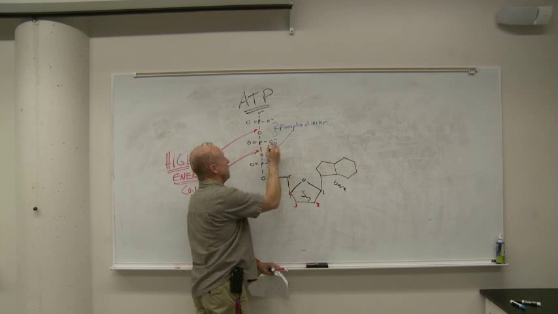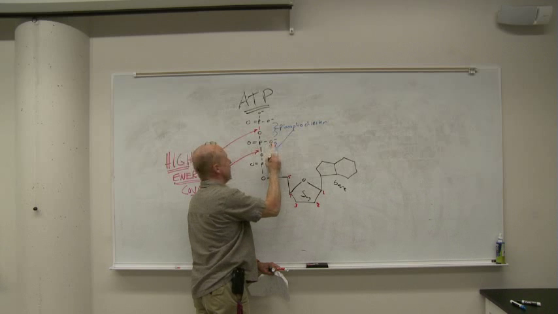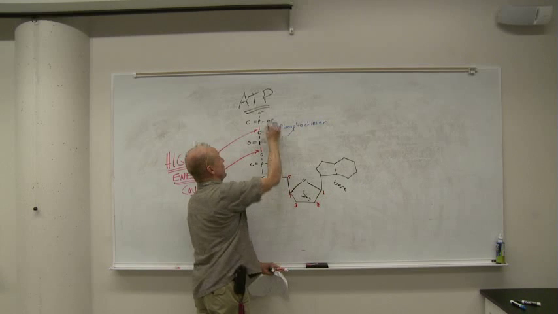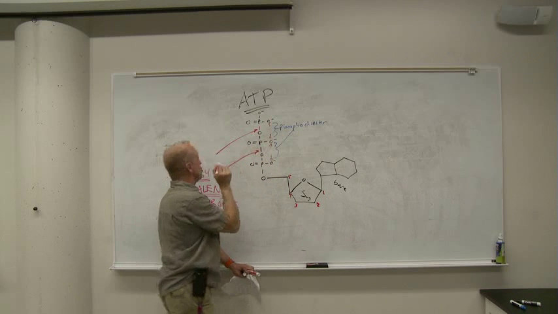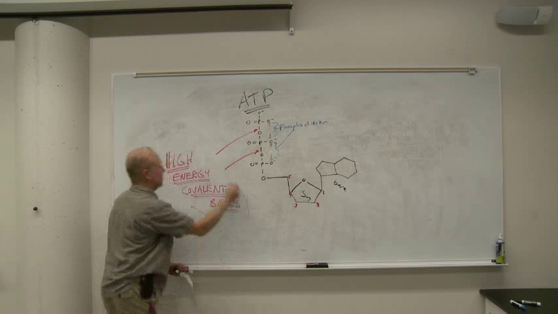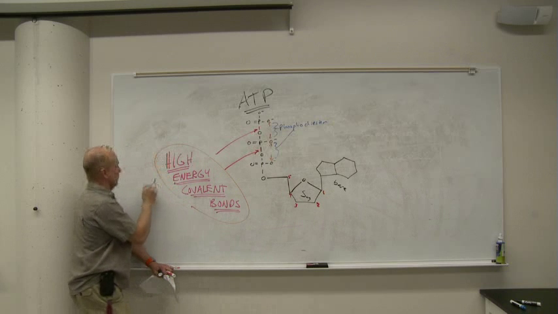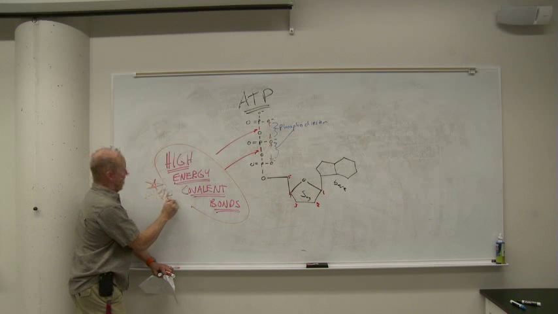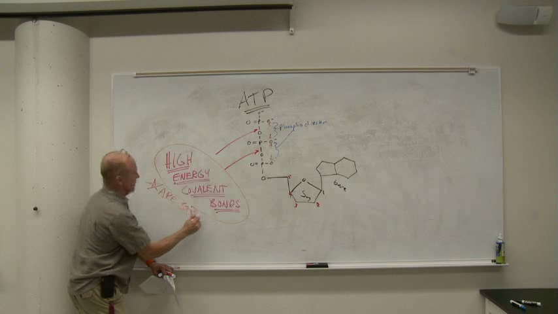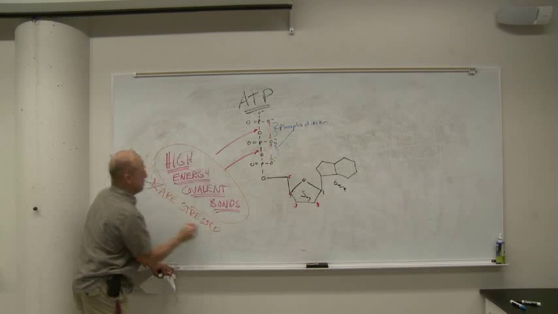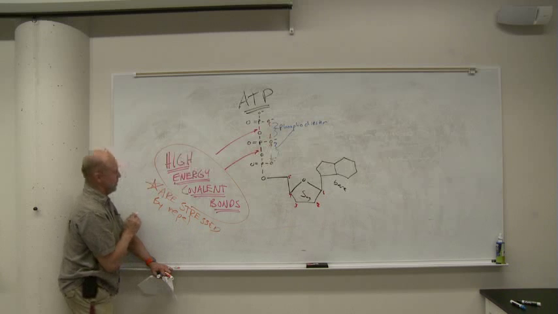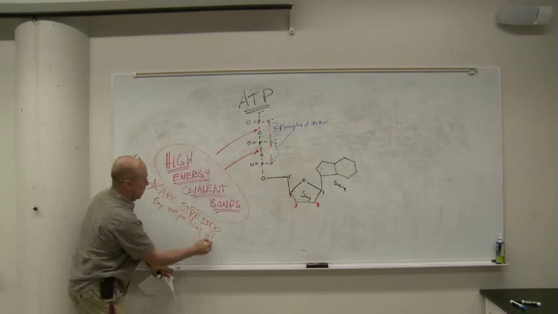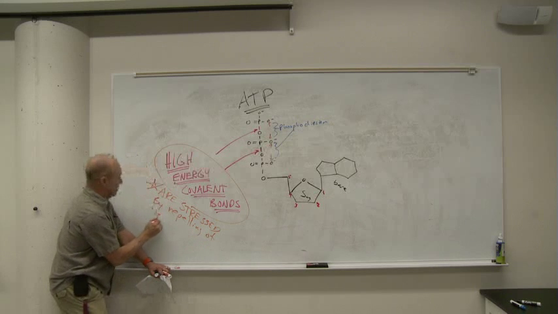There's a lot of hate here. This one wants to go this way, this one wants to go this way, this one wants to go this way. This whole thing renders these bonds stressed, stressed by the repelling of the negative charges.